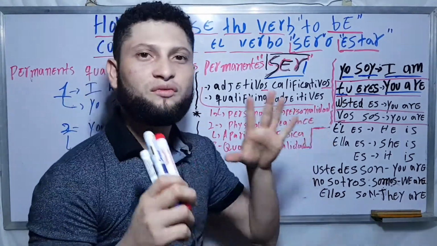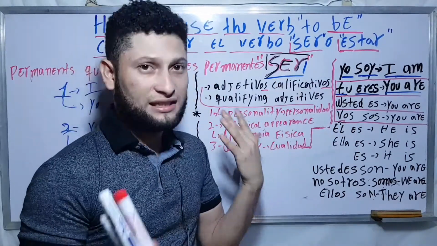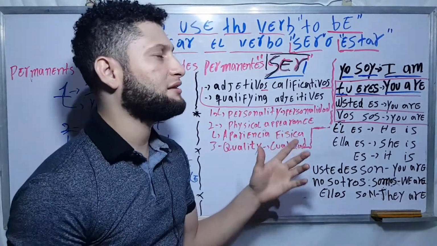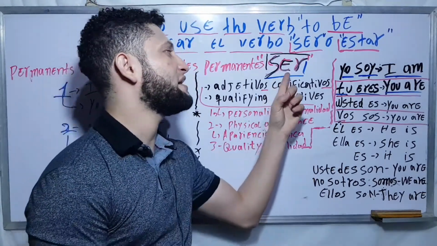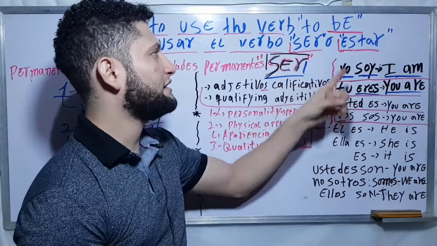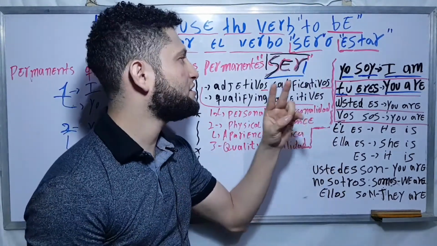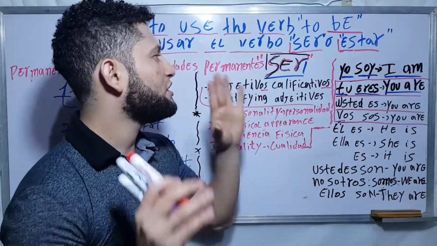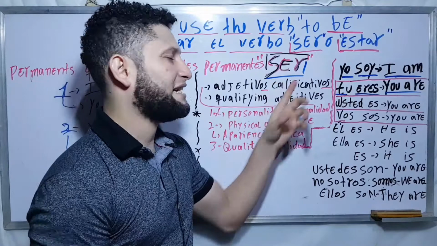So now we will focus on the verb ser. This is the pronunciation in infinitive form, and it is the same as the verb to be, but as I said, there are two definitions, and so far we will focus on the verb ser.